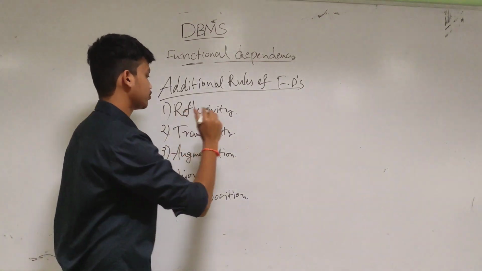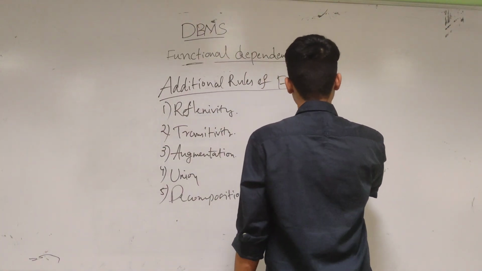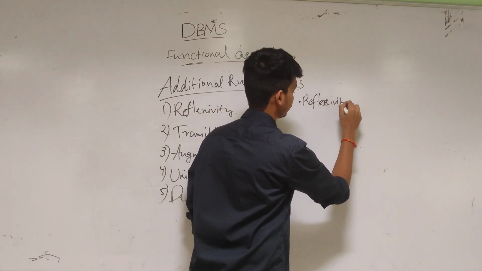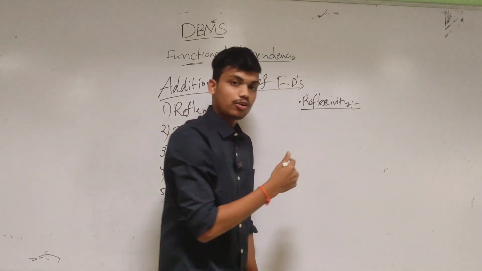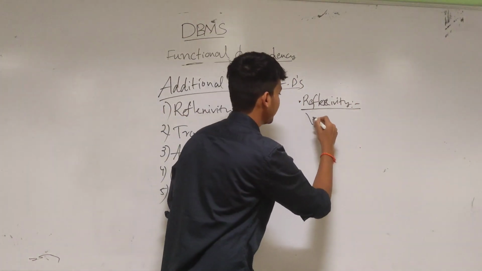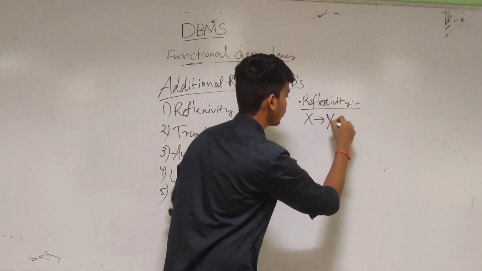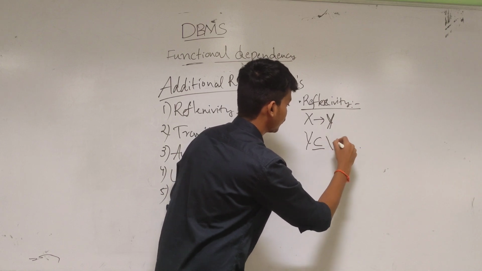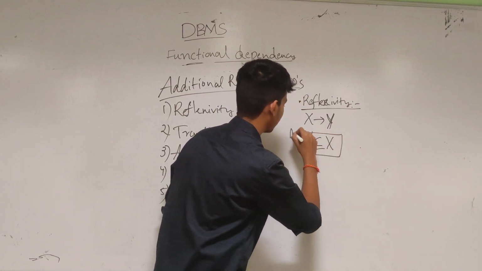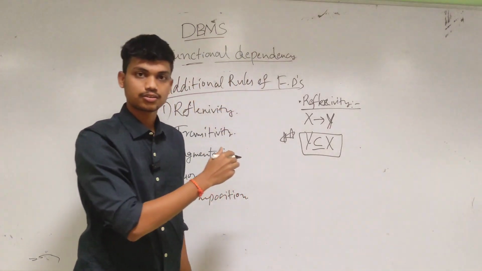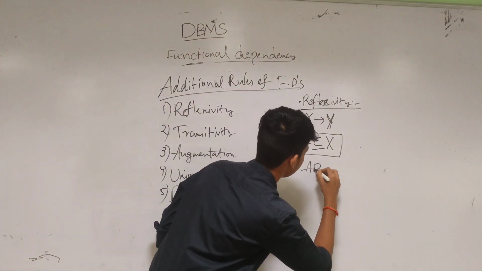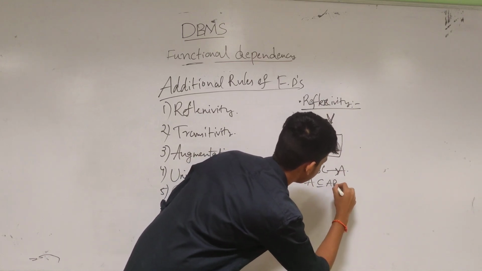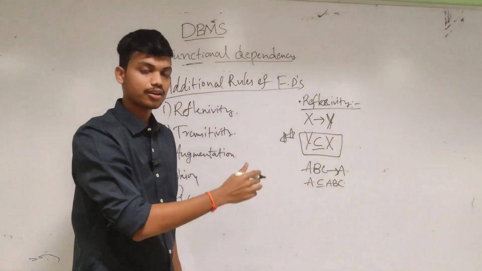First, let us discuss reflexivity. What does reflexivity say? If X tends to Y is a functional dependency, then Y should be a subset of X. This is the important point of reflexivity. Let us say ABC tends to A. Here A is a subset of ABC. So it is a reflexive relation.